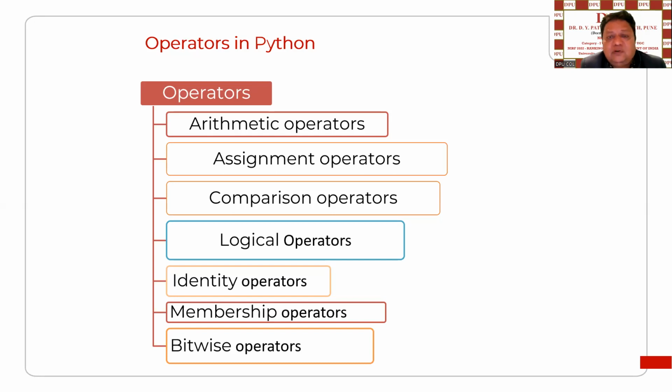What is the relationship between two operands, two numbers, two variables? If A is greater than B, then I want to do this thing, else I want to do another thing.